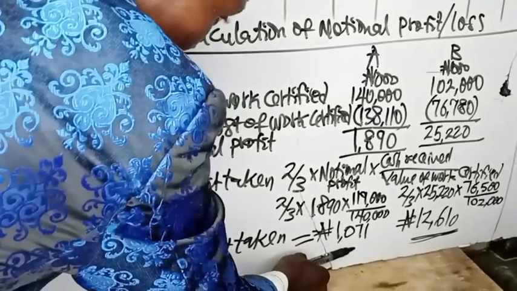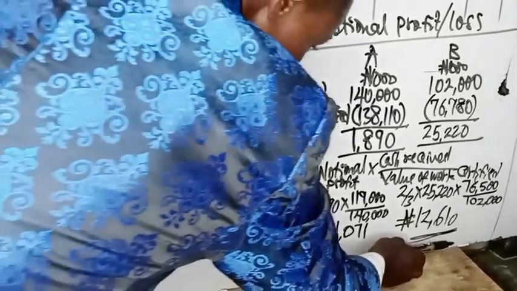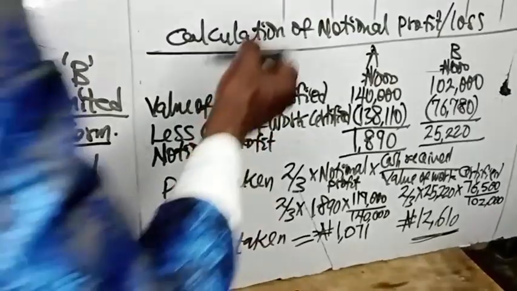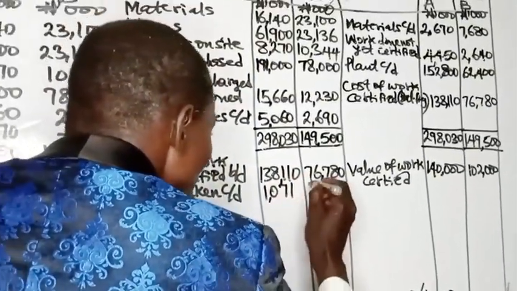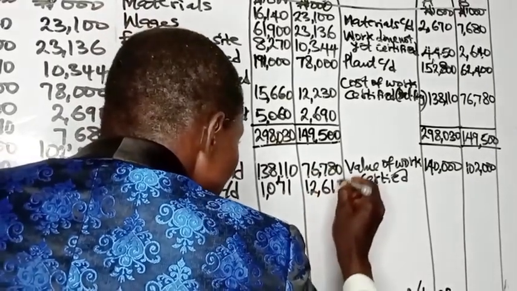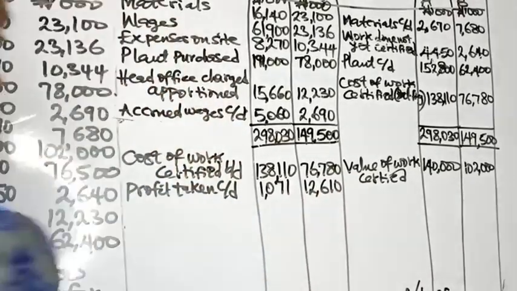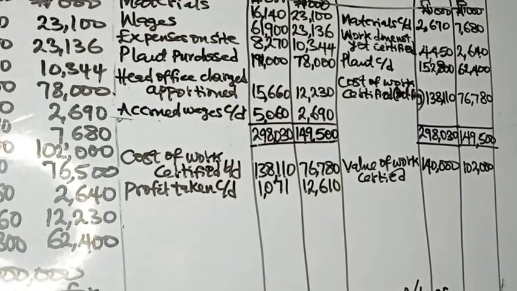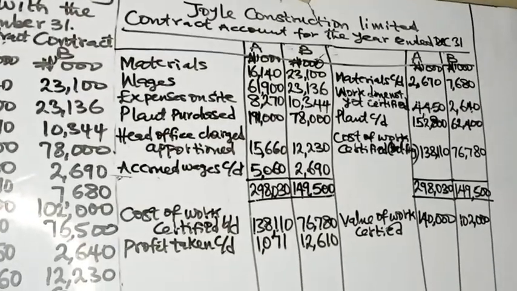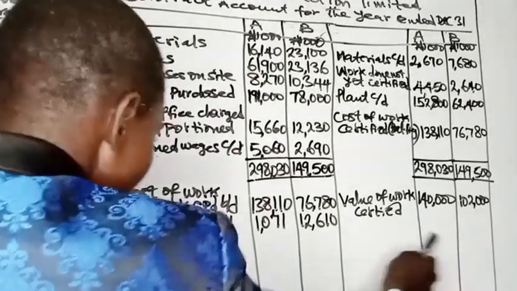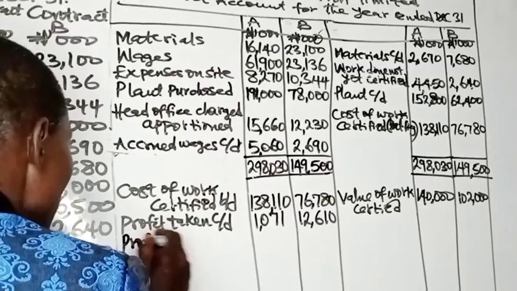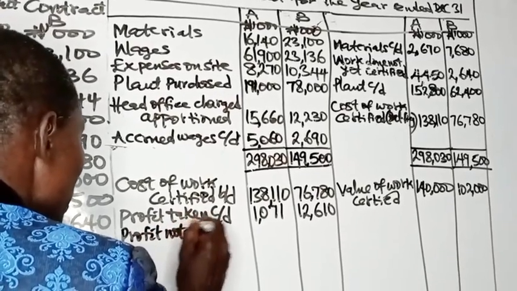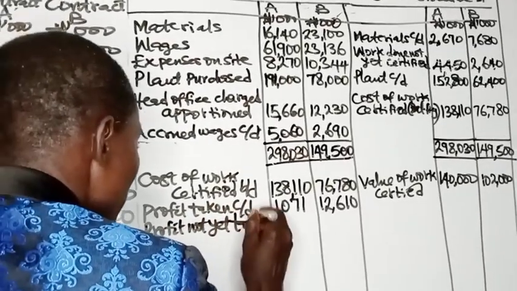Contract A, we have 1,071. Contract B, 12,610. Then you look at the credit side, it will still be greater than the debit side. So the remaining balance will be profit not yet taken.